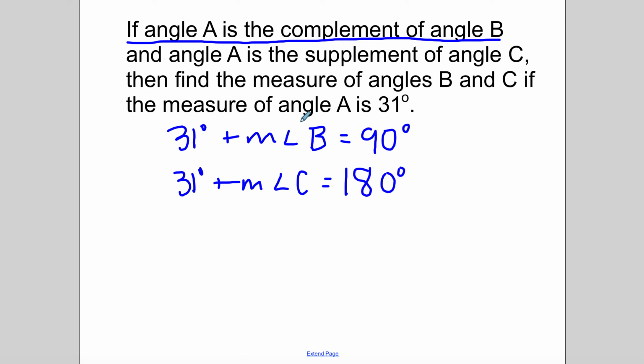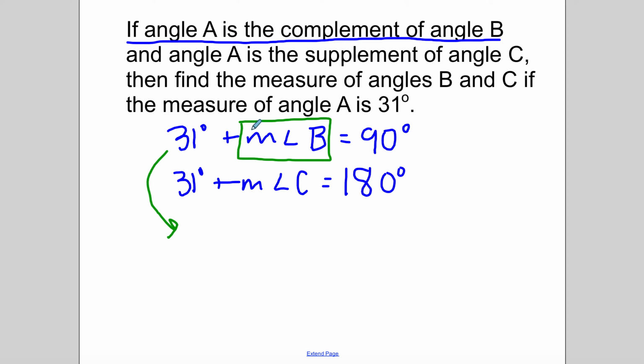And then I need to do some solving. How are we going to solve this? Well, when you're solving problems like this, you just treat this entire thing as if it's its own variable. I need to subtract 31 from each side, because this is a positive 31 and I need to get this variable by itself.